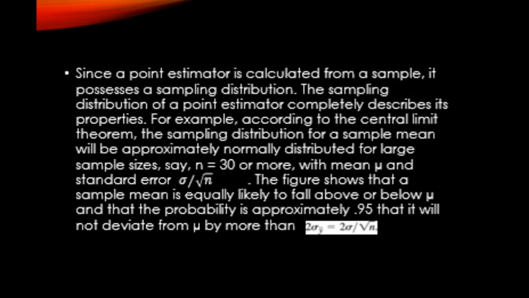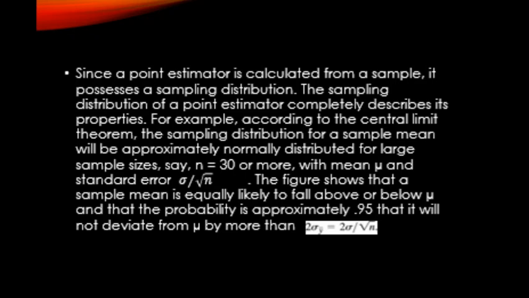Now we discuss the idea of sampling distributions. Let's put it together here. When we have a point estimator from the sample, that point estimator will possess a sampling distribution. It is the distribution of that sample statistic, obtained from a large number of samples from the same population. This sampling distribution describes its properties: the shape, the mean, and the standard deviation.